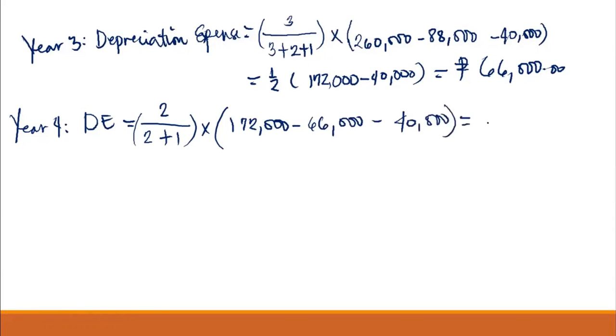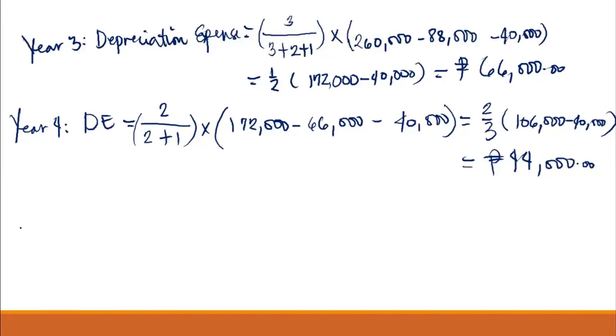So, this is equal to 2/3 times 106,000 minus the scrap value. Okay, so this is now equal to 44,000 pesos. And we reach the final year, year 5.